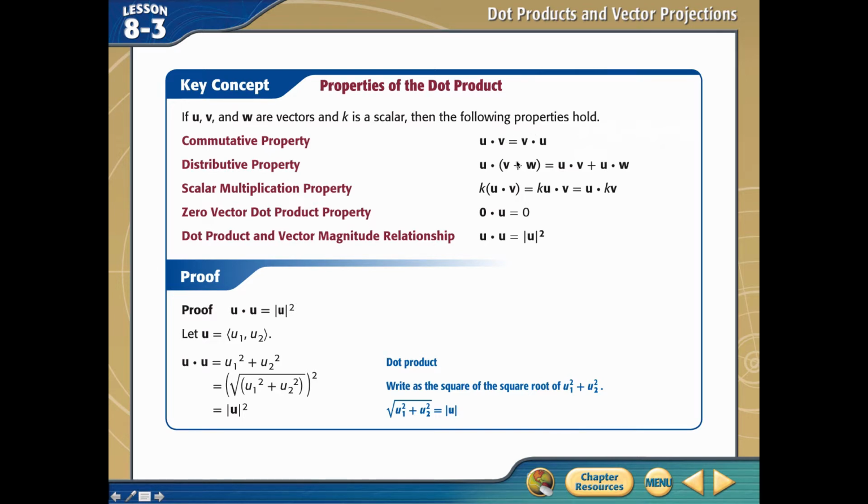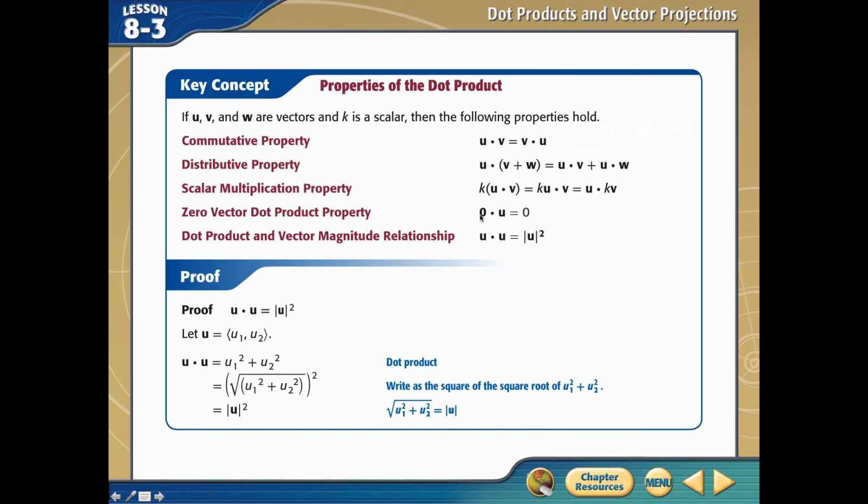Also, the distributive property: if you have u dot v plus w, you can do a dot product with v and a dot product with w, and then add them together. And scalar: you can multiply k times u, or you can multiply k times v, or you can find the dot product and then multiply k by the dot product.